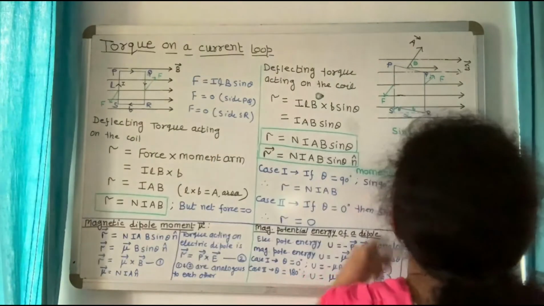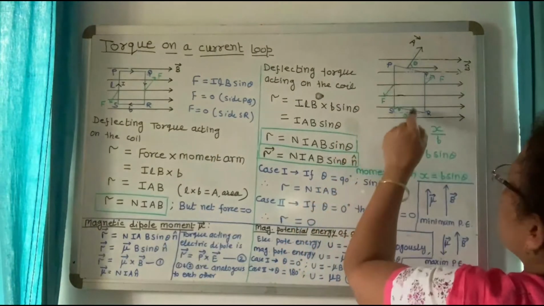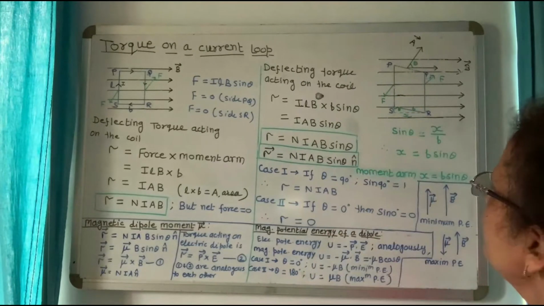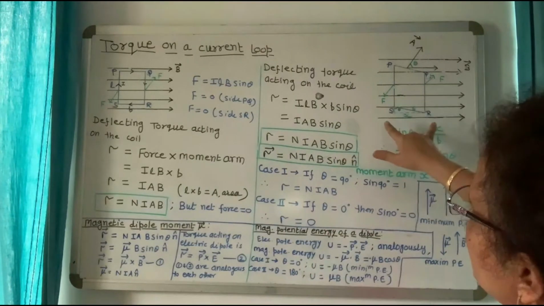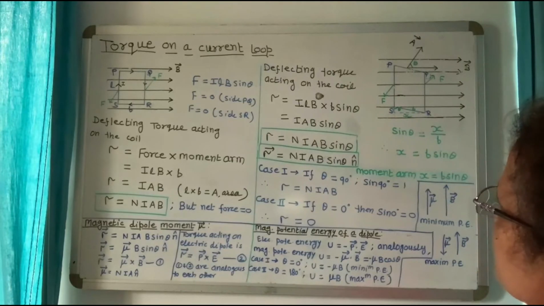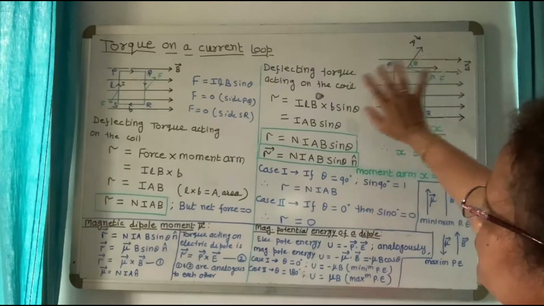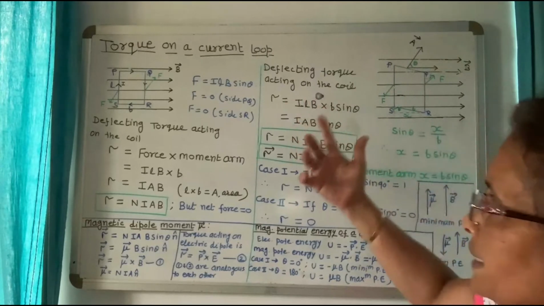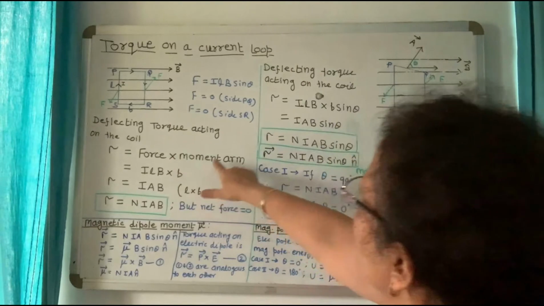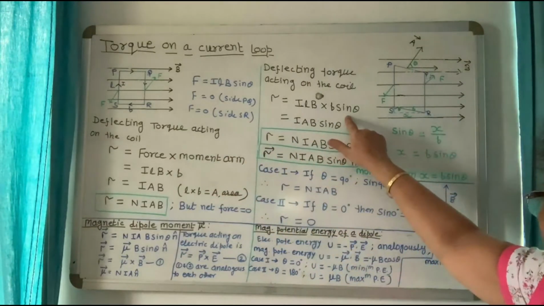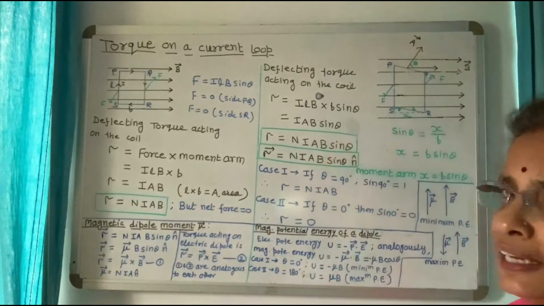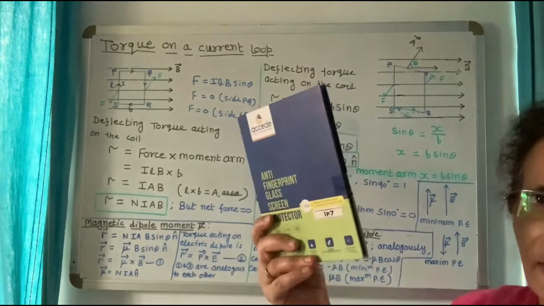So the angle gives sin 0, so the horizontal sides do not experience any force, and the vertical sides are again perpendicular to the field, so each experiences a force of magnitude ILB. But what is the difference between this and that? Here the moment arm is different. There the moment arm is b, but here we have to find the moment arm because the coil is deflected.